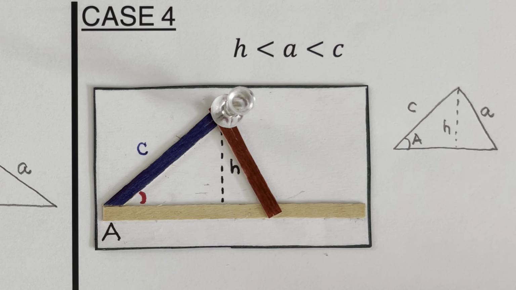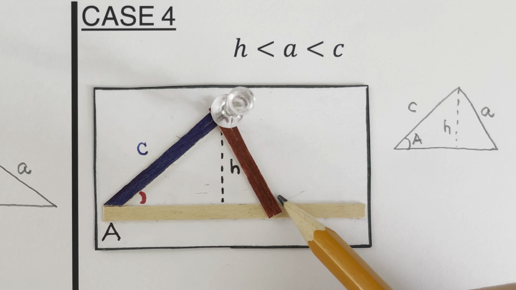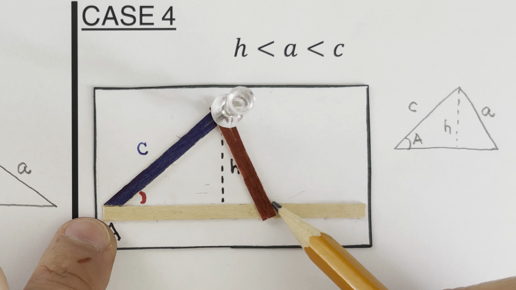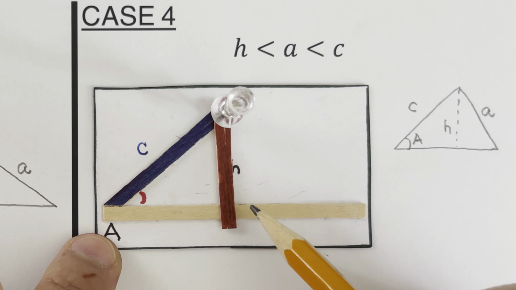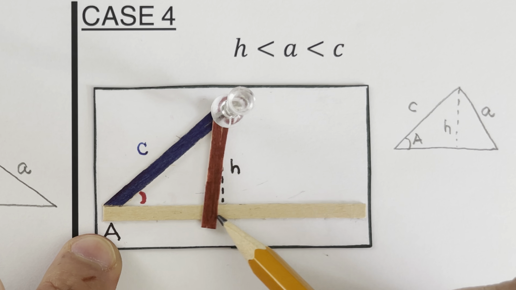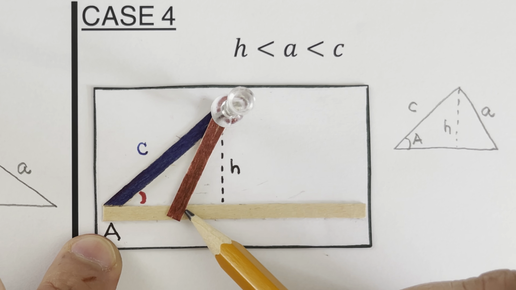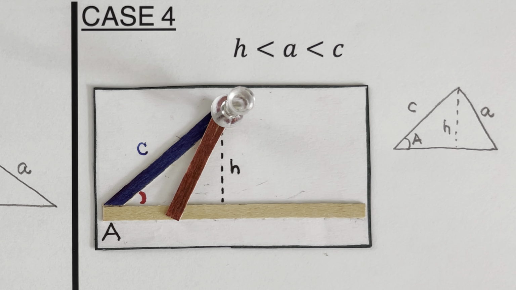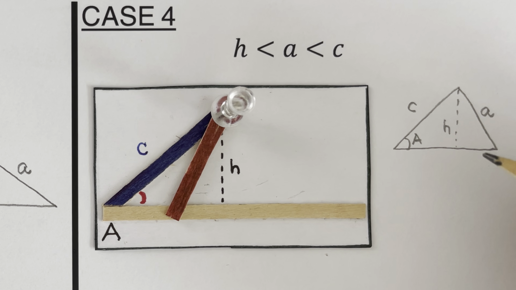Now, if we swing this again to the middle, we cannot create a triangle because it's longer than the height. If we swing this to the left, we should be able to create another triangle. So I'm just going to draw that up here.